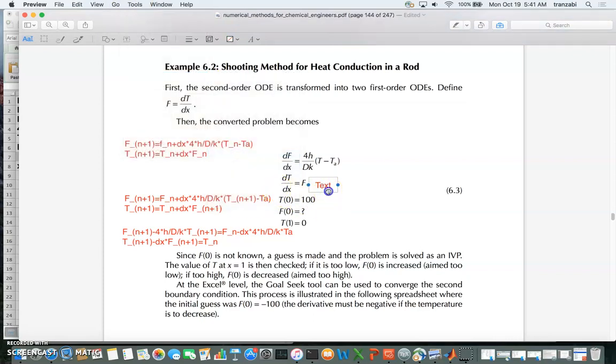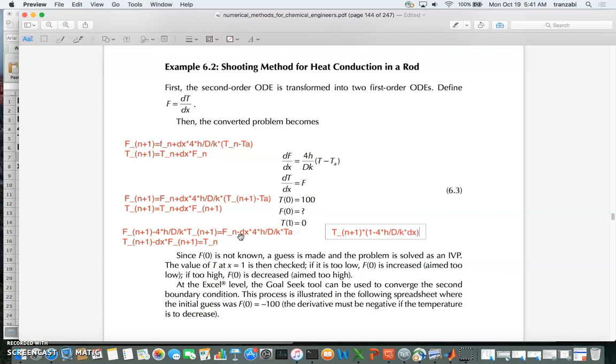From the second equation, I get tn plus 1, these two cancel out, and then from the first one, we get minus, times, 1 from the second equation, I get 1 here, and from the first, minus 4 times h divided by d divided by k, times dx.